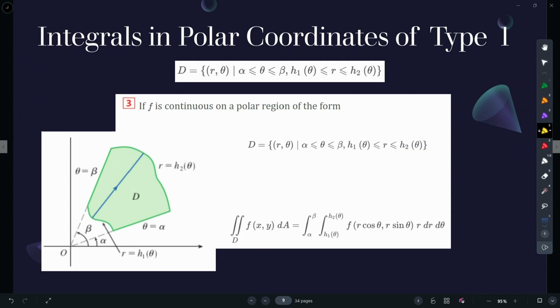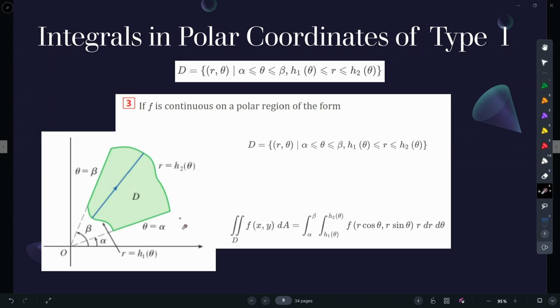All right, so now, as I said, before we had these very nice polar rectangles. The polar rectangles can be made a little bit more tricky if I still have the angle going from alpha to beta, but at every angle, I have different bounds for the radius.